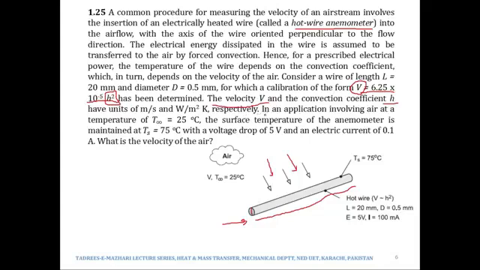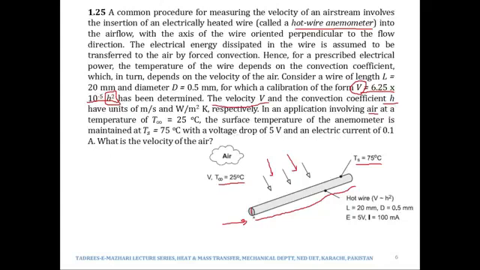Okay, so in an application involving air at a temperature of 25 degrees Celsius, air is flowing over this wire at 25 degrees Celsius. The surface temperature of the anemometer is maintained at 75 degrees Celsius. So the Ts of this wire, the temperature of the surface of this wire, was found to be 75 degrees Celsius with a voltage drop of 5 volts and an electric current of 0.1 amperes.